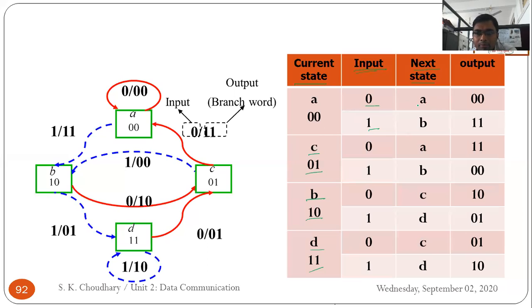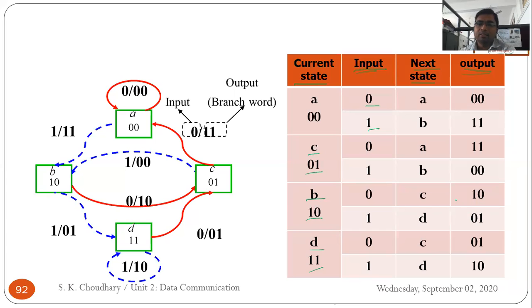You can also write the binary number, there is not any problem. But to avoid the confusion, I have used the alphabetical letters. Now in the last column, we have to mention what output or what code word is generated for the corresponding input at the respective state.